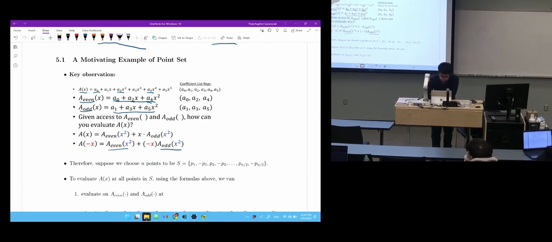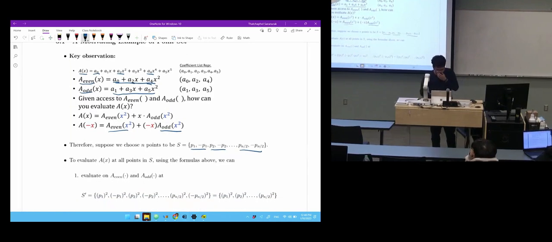My point set is made of pairs of points, like P1 and minus P1, P2 and minus P2, and so on, in pairs. And all I need to do to evaluate this at n many points is just evaluate A even and A odd, but at this thing squared.